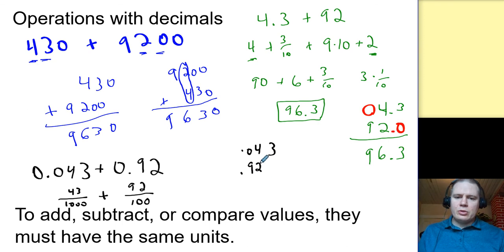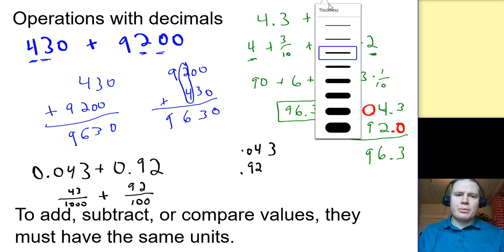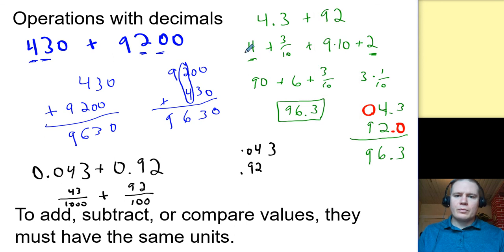that 92 is not lining up with the 3. This is lining up, right? These don't have the same units, just like these didn't have the same units. If I want those units to line up, I need to, actually here the zeros are supposed to line up. I didn't write that very nicely. Here the zeros line up, right?